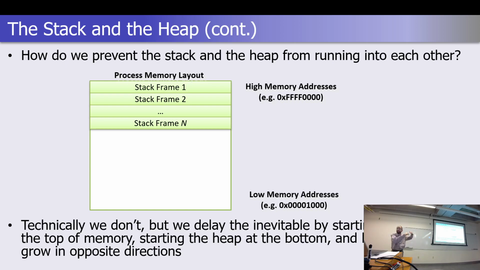So the convention is the stack grows backwards in memory from high addresses down to low addresses. And by convention, the heap grows upwards in memory from low addresses to high addresses. What prevents them from colliding? Actually, nothing. Eventually, you allocate enough things on your stack or on your heap, your system will crash, your program at least will crash. But that convention minimizes the likelihood that that would happen because you have the whole memory space to split up.